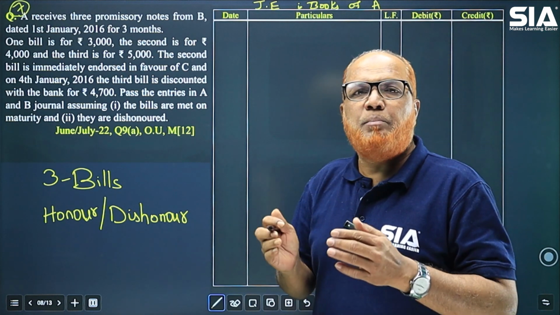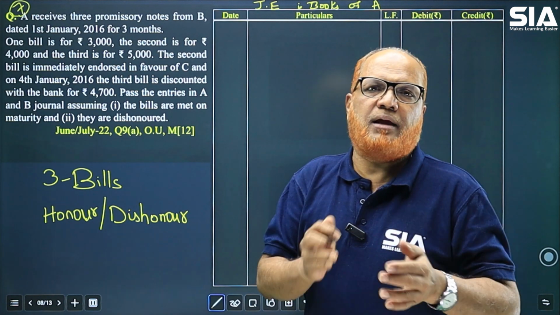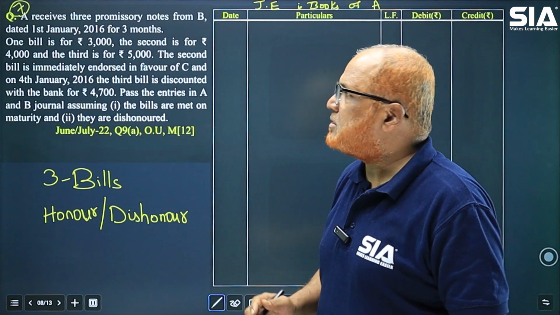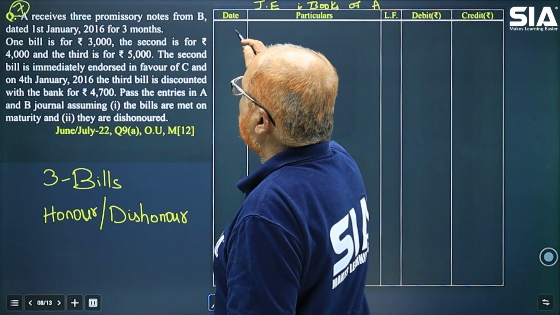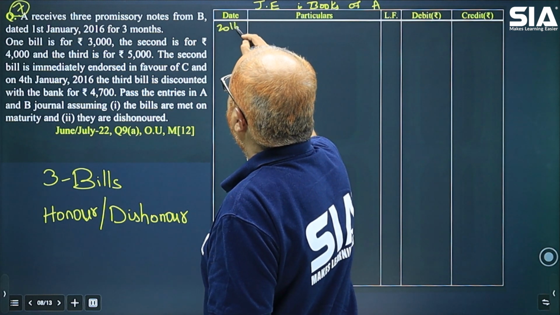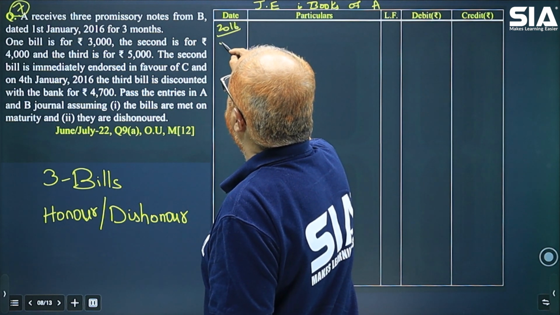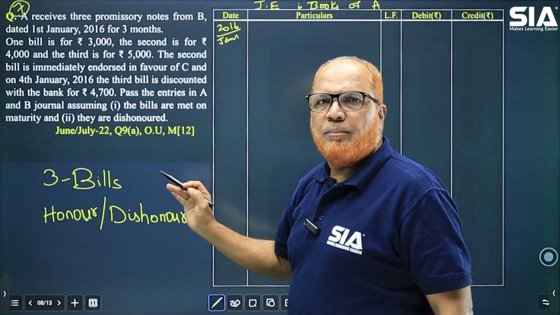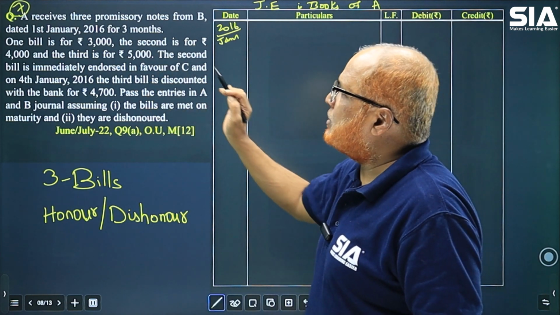That means it is a bills receivable to A and bills payable to B, right? So date column I'm writing 2016. This is January 1st. Now better we'll read the complete problem, then we'll understand, then we'll go for the solution.